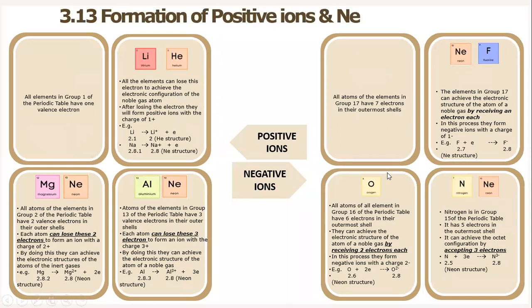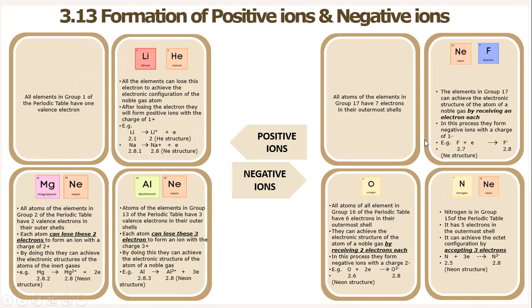Let's look into the formation of positive ions and negative ions. Metal atoms lose electrons to form positive ions. On the other hand, non-metal atoms gain electrons to form negatively charged ions.